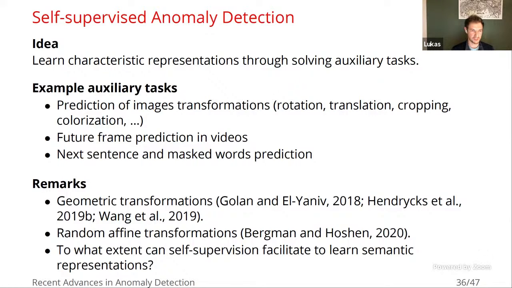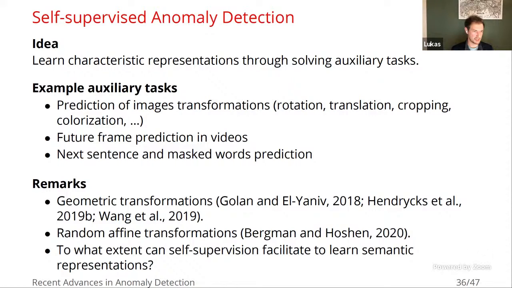One can look at the softmax statistics, and the more certain this is under these transformations, the more normal a sample is. And on the other hand, because it has been optimized on the training data, it finds, for instance, specific symmetries that are apparent in the normal data. So if this classification under the transformation works well, this is indicative of a sample being nominal.